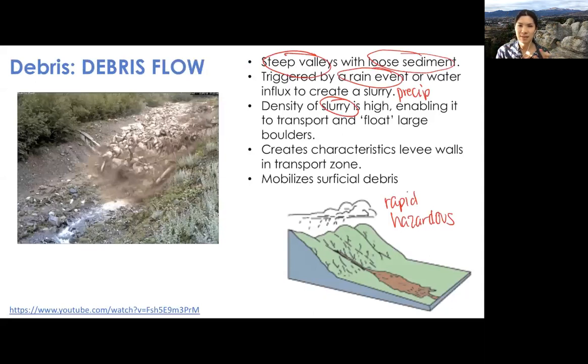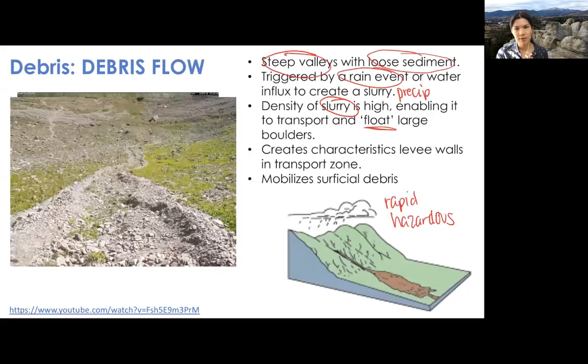This gives it new density properties, and it actually allows it to float large boulders. And so debris flows can have this extra element of hazard because the density of the fluid within them is different than normal density, and it's able to carry a lot larger debris, which can create another layer of hazard.